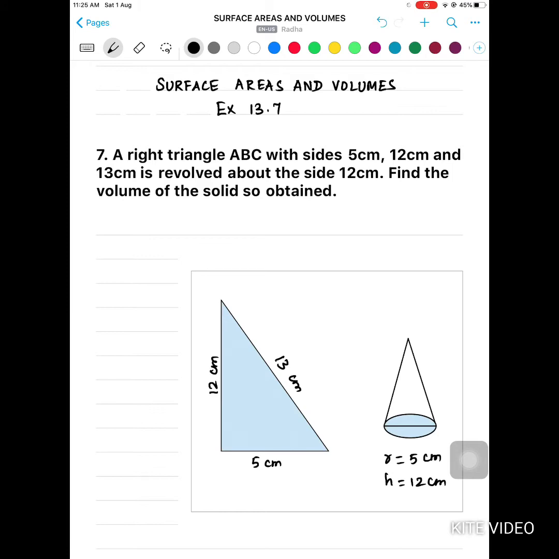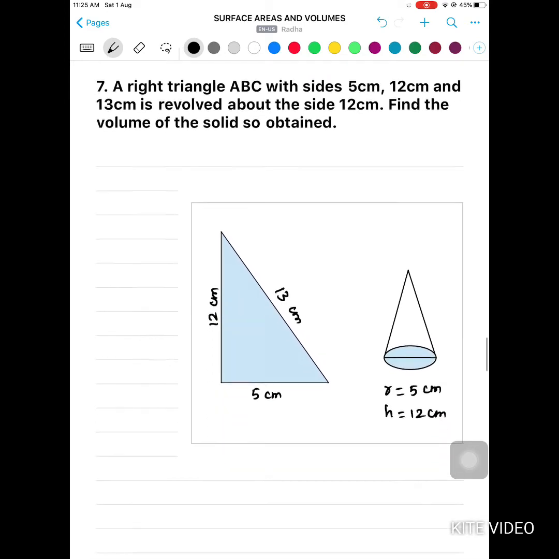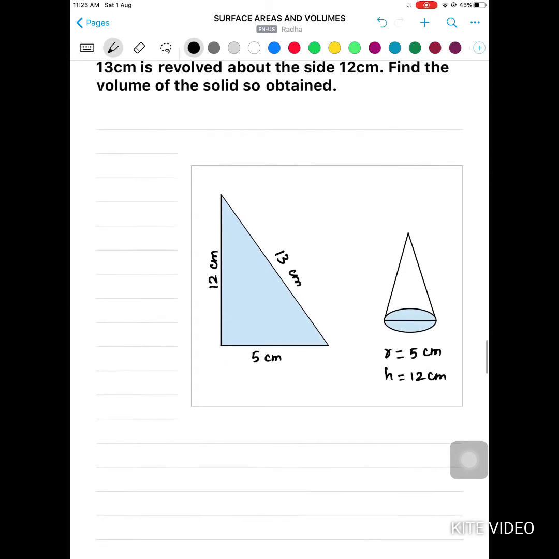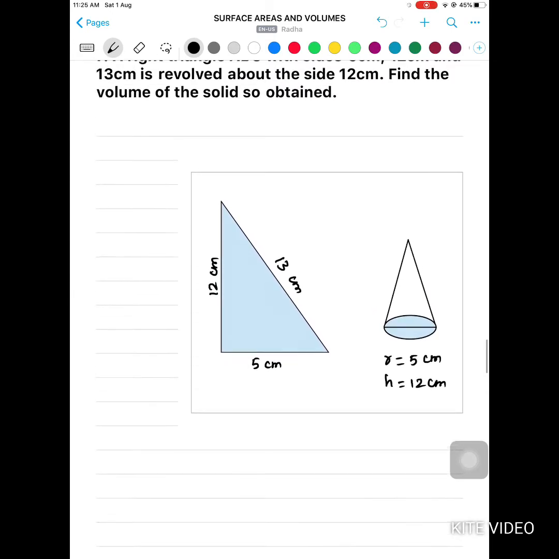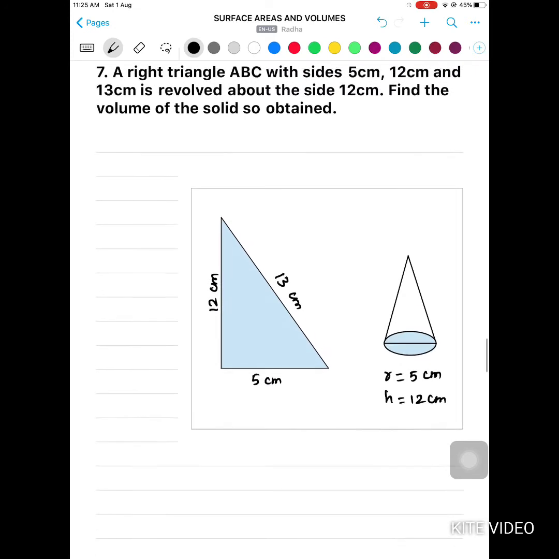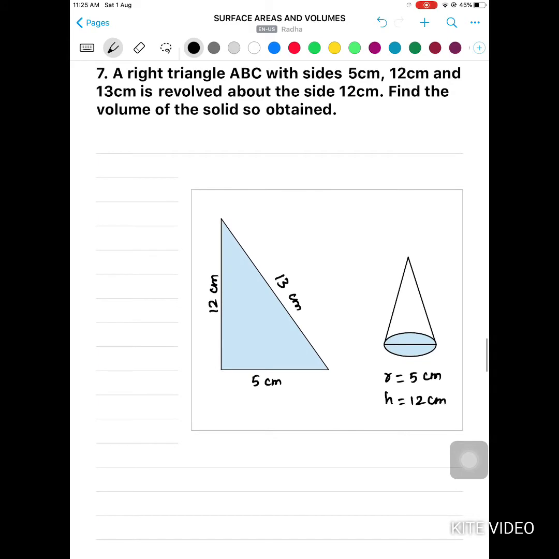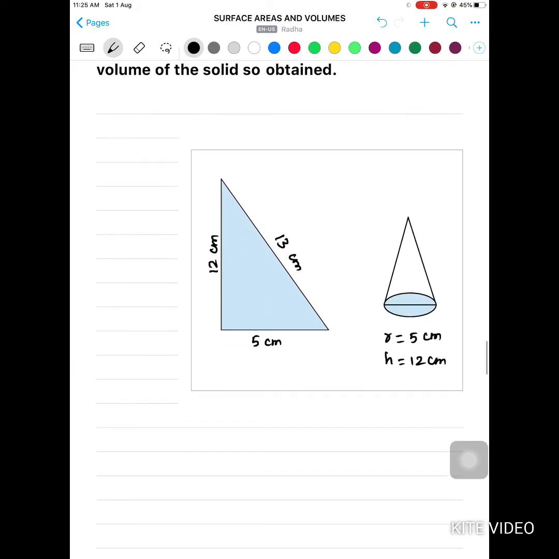When you revolve the right triangle about the side 12 cm, you get a cone of radius 5 cm and height 12 cm. From this we have to find the volume of the solid so obtained.